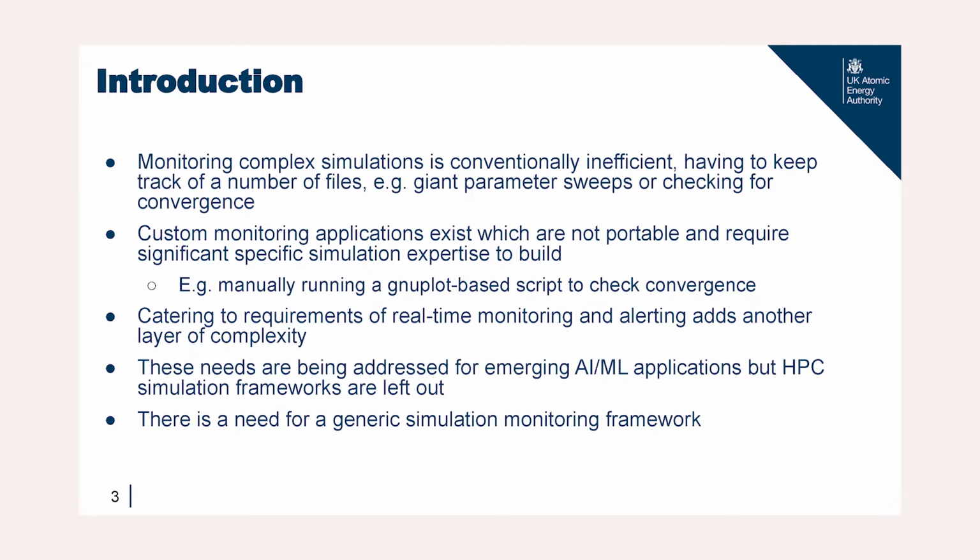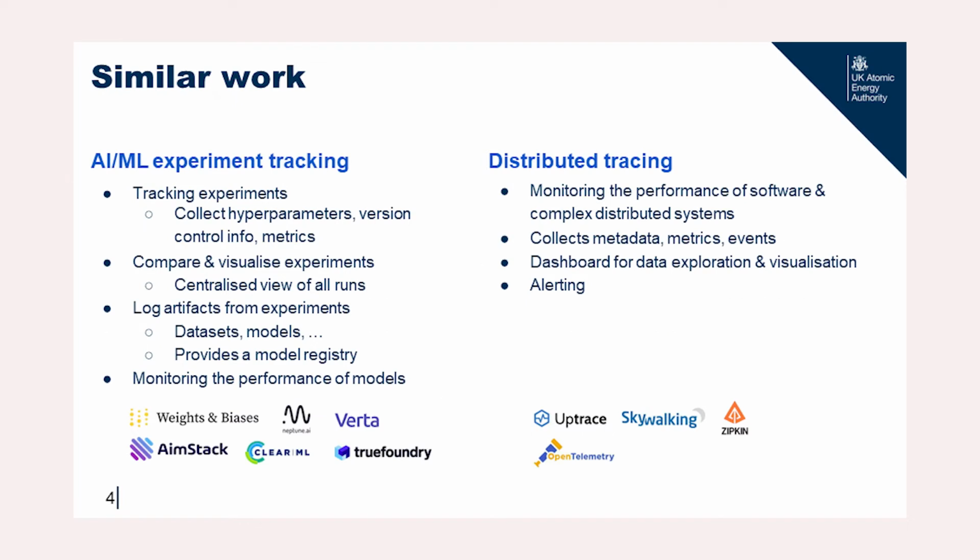As I mentioned, in AI and machine learning there's an increasing number of companies that provide experiment tracking platforms. These let you track experiments. They can collect input parameters, information about versions of codes, and metrics while the codes are running.